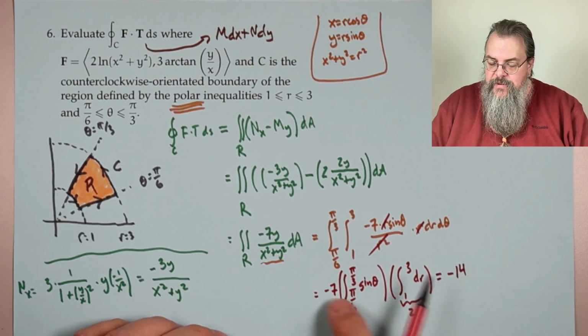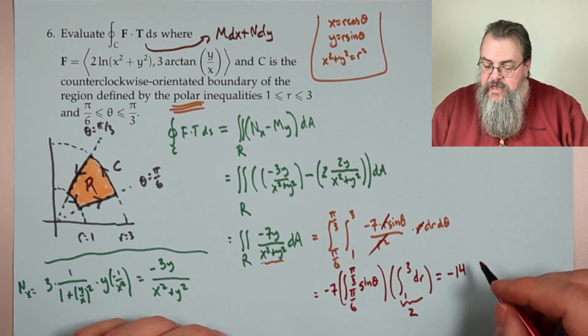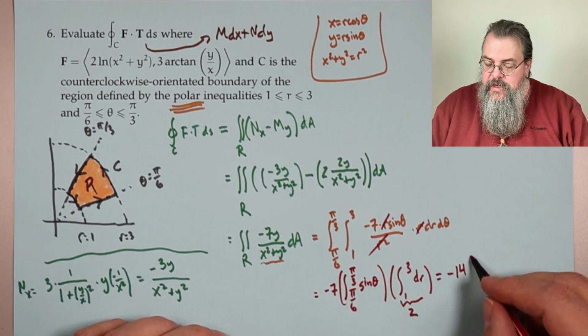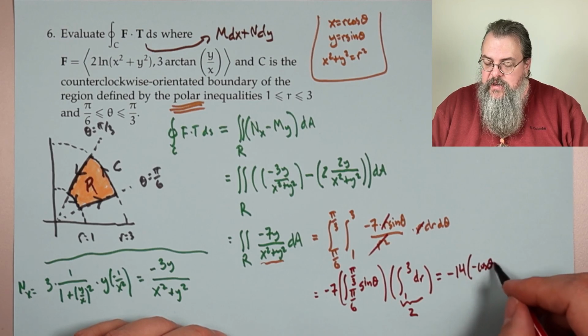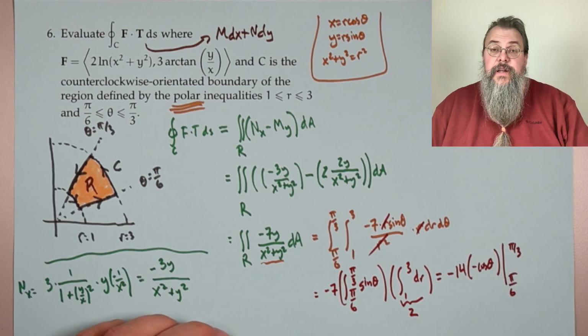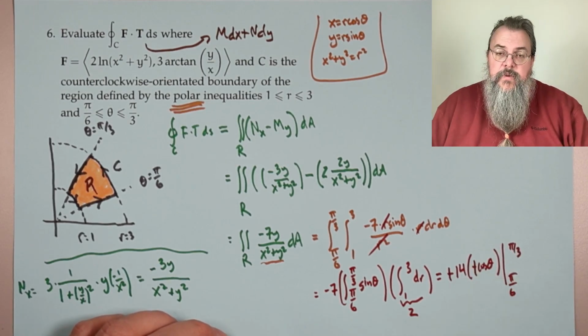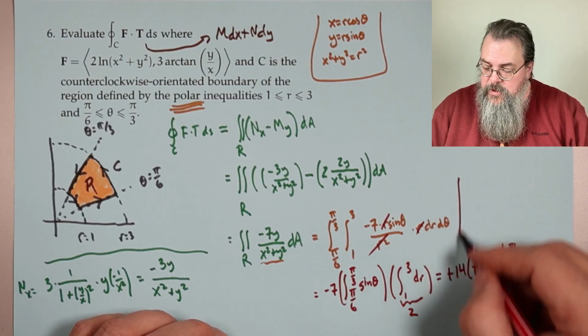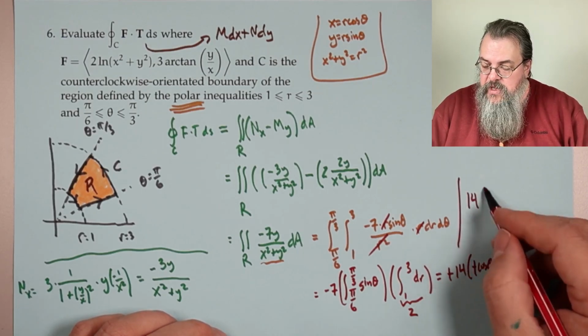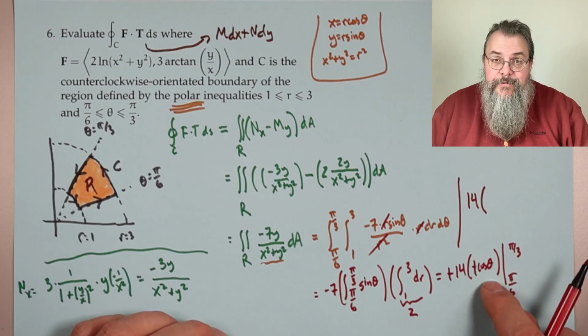So negative 7 times 2 is negative 14. The integral of sine, well, that's going to be negative cosine. And then we're going to evaluate from pi over 6 to pi over 3. And, well, negative, negative. Okay, we can get rid of that. And what do we have? Well, we have 14. Now, what is cosine of pi thirds?